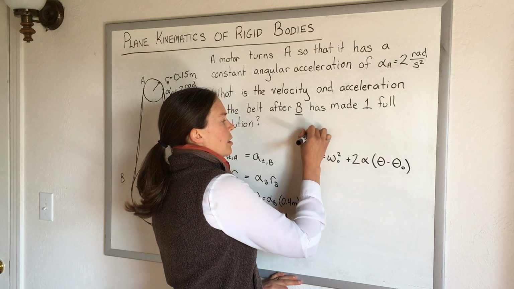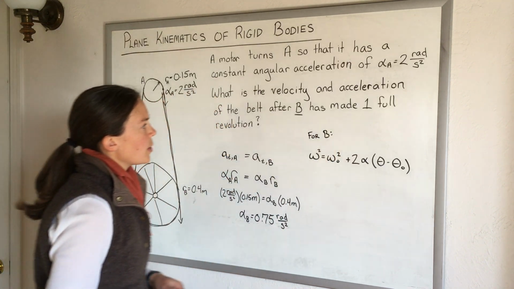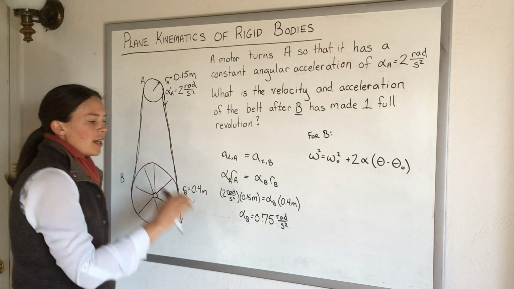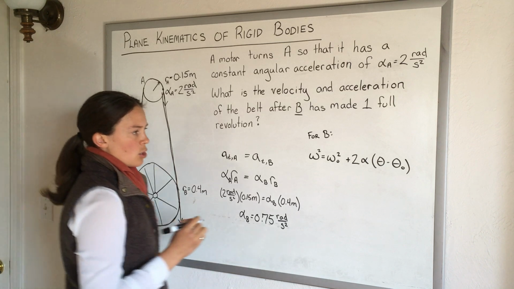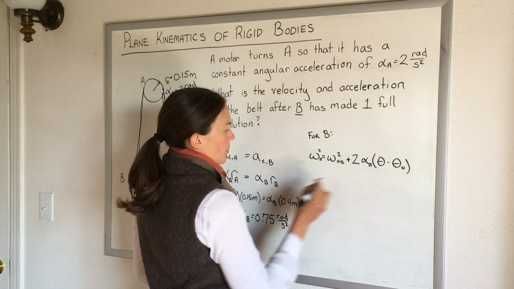And I'm going to do this for gear B, because I know B goes one full revolution, and I now know the angular acceleration of B.